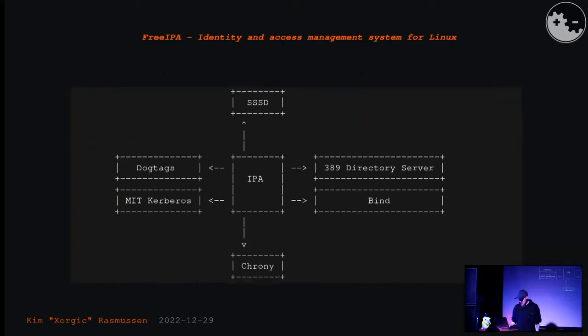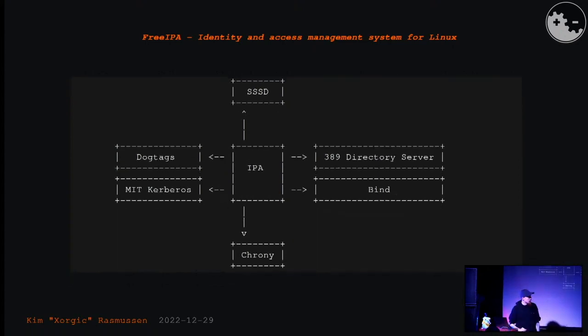The heaviest of packages are the ones linked here: Dogtag for PKI, Kerberos for, well, Kerberos, and Chrony for the NTP server. If you are running this on a physical host, it makes sense to have. If it's a virtual one, you don't want to be running an NTP server for obvious reasons.